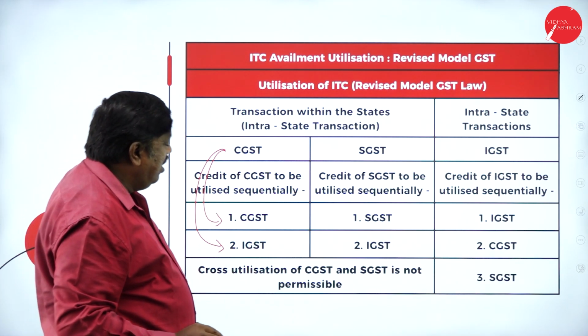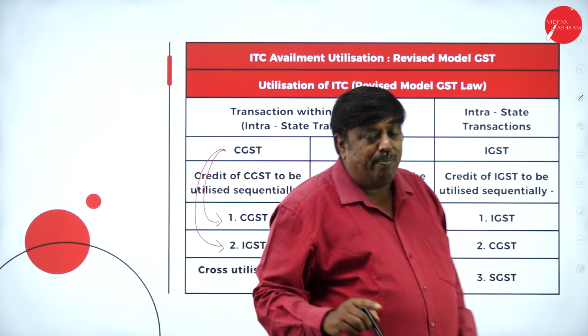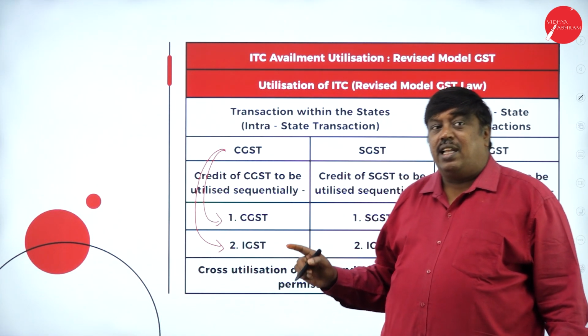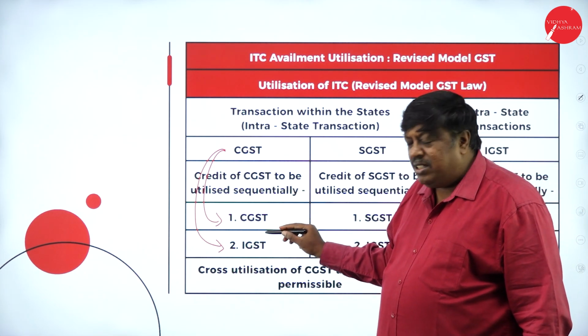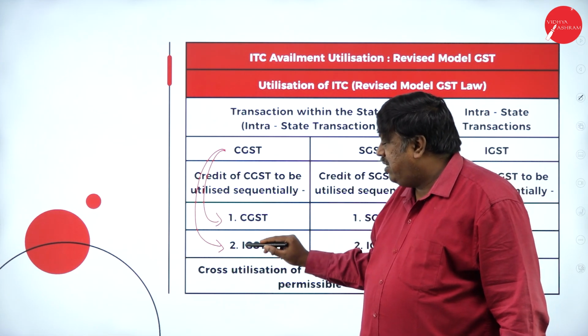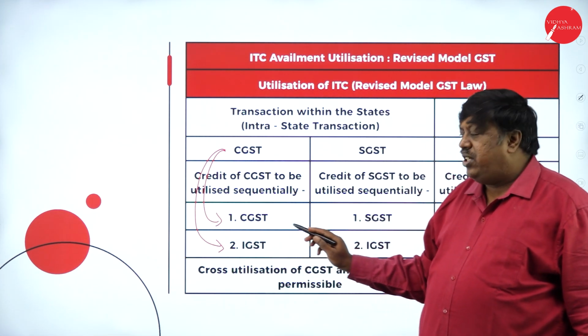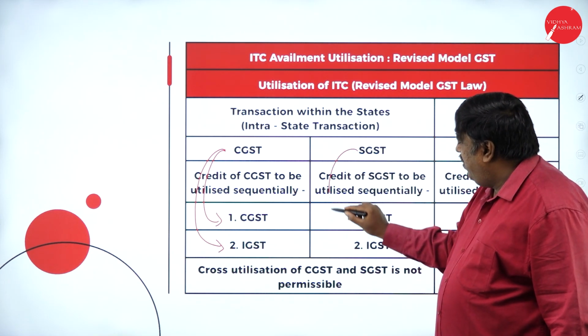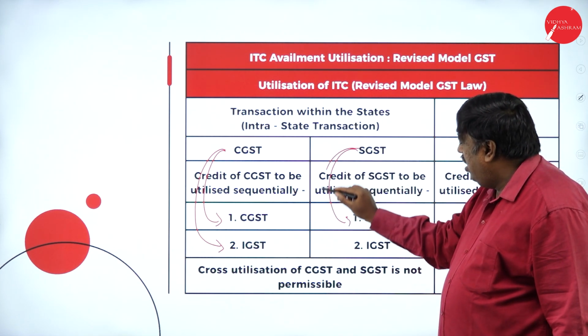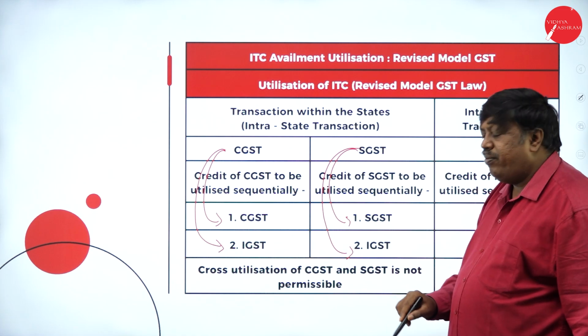The CGST credit can be adjusted with the CGST payment, and if anything excess is there, that can be adjusted with the IGST. Same for SGST: SGST with the same SGST or with the IGST.